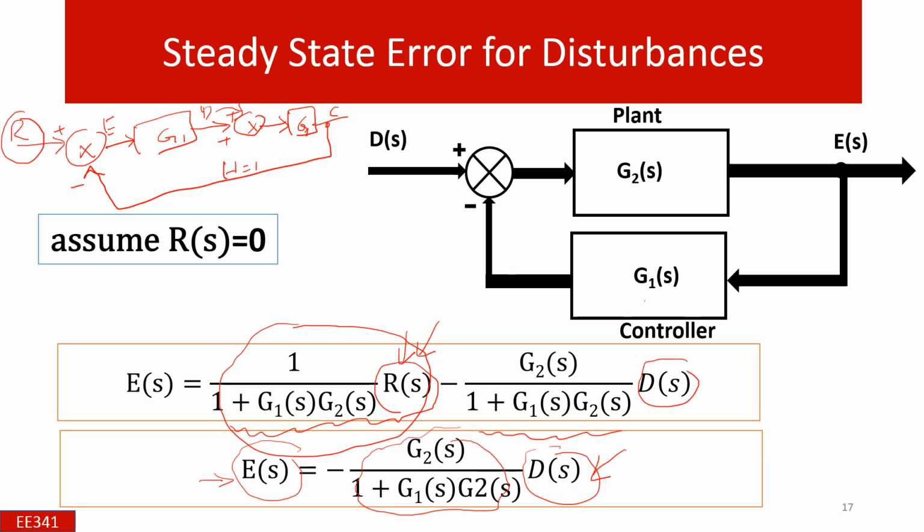So G1 is just like the feedback value. Here it is the feedback value, actually it is the controller, and G2 is the plant, representing the open loop transfer function, and this is the implementation of this one. So this is the block diagram related to finding the error signal in terms of the disturbance.